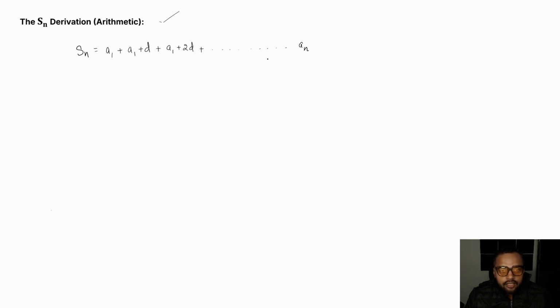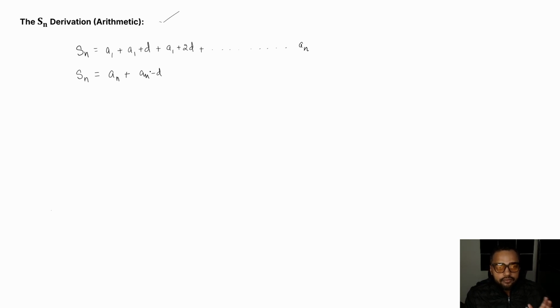Now if I reverse this series, I'll write this series again from the backward direction. It means an plus, the second last term in the series will be an minus d. It's because d is the common difference by which the consecutive terms are getting added.